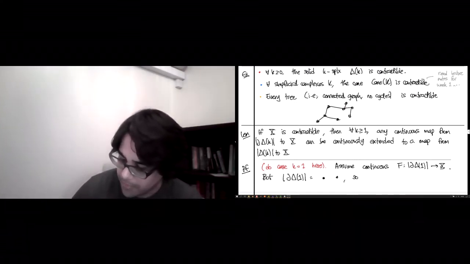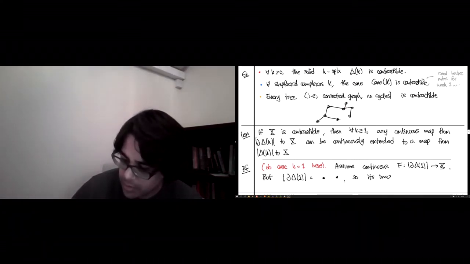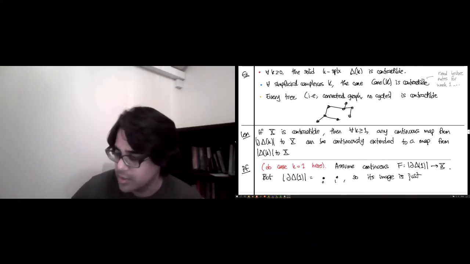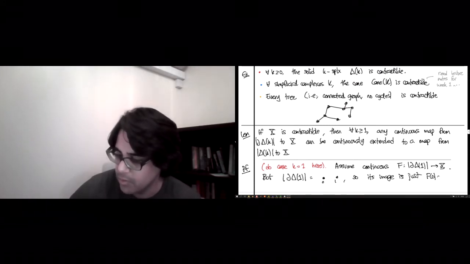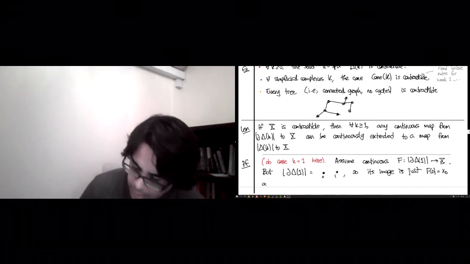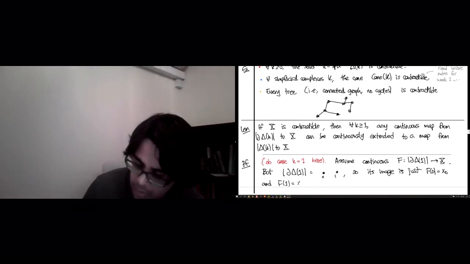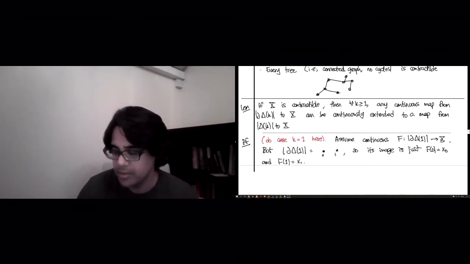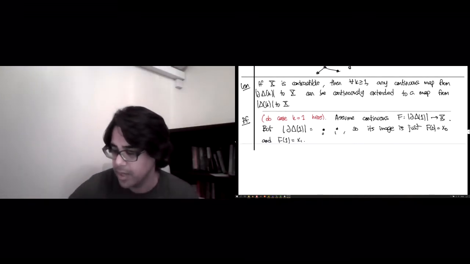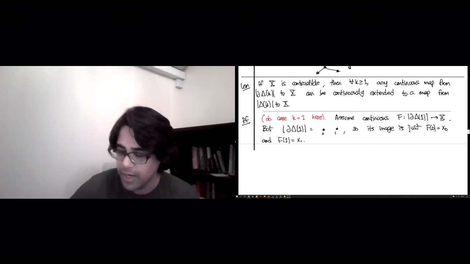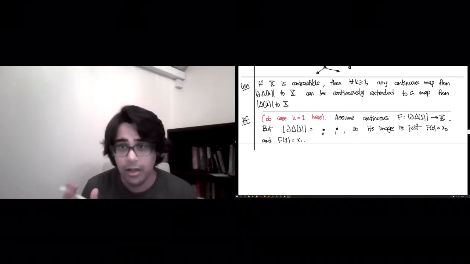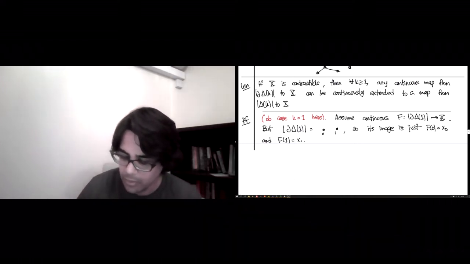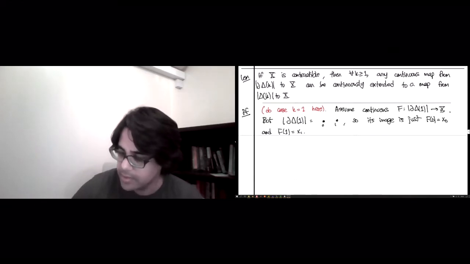So its image is just, I guess we call these points 0 and 1, don't we? So this image is just f of 0, we'll call it x0, and f of 1 we'll call x1. And so the claim I'm making is that the minute I have 2 points, any 2 points picked out in X by this map F, I can find an extension of this map to the entire interval [0, 1]. So let's see how that would go.